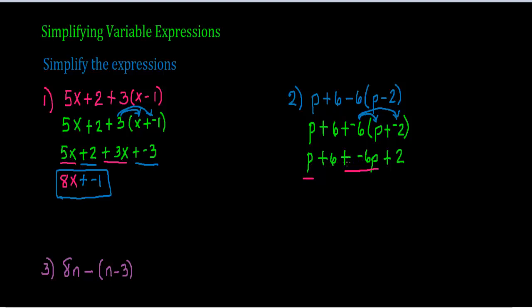P plus negative 6p, I subtract, I get negative 5p. The other like terms are plus 6 and plus 2. So 6 plus 2, that makes plus 8. And here is your answer for example 2. Okay, negative 5p plus 8.